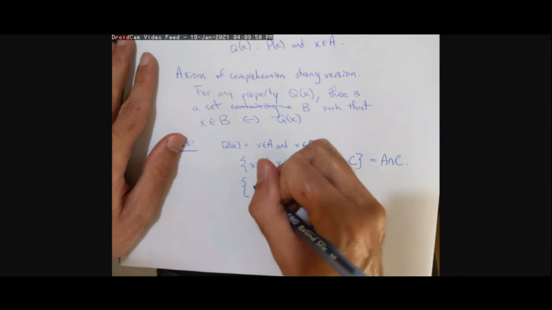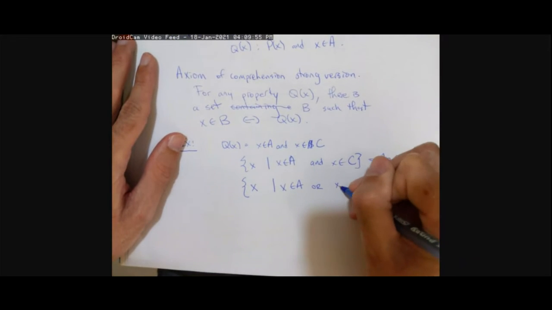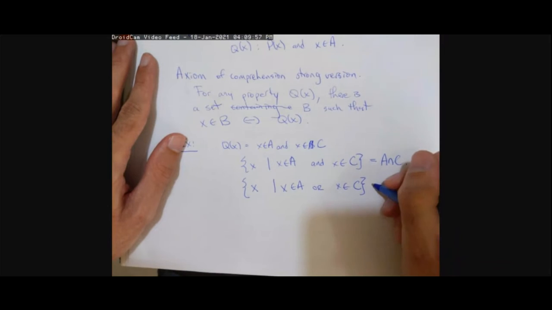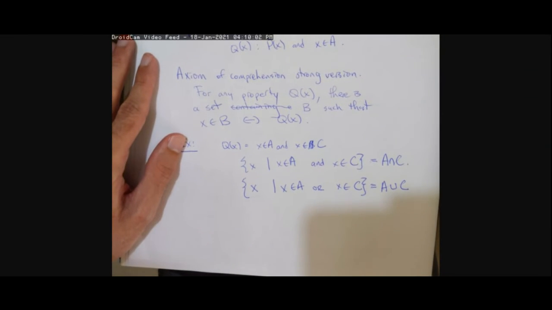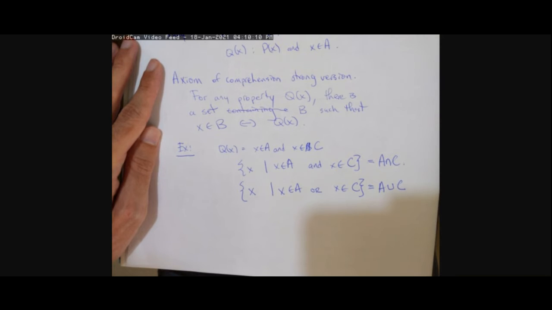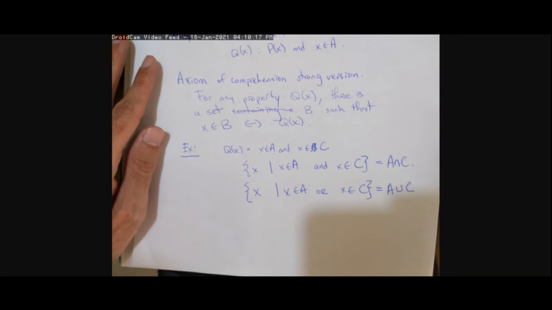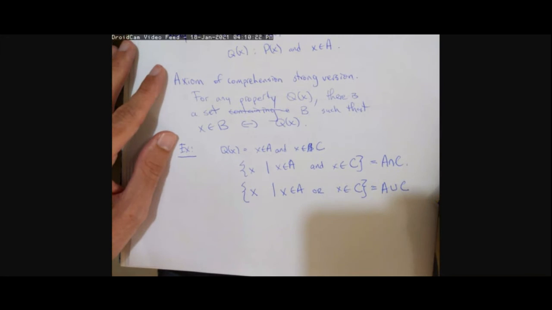Okay. And I also get the union. I can write the set of X such that X is in A or X is in C. Okay. Actually, this is way better than the axiom of comprehension, because what you'll see later is we have to add an axiom of unions to get the union.